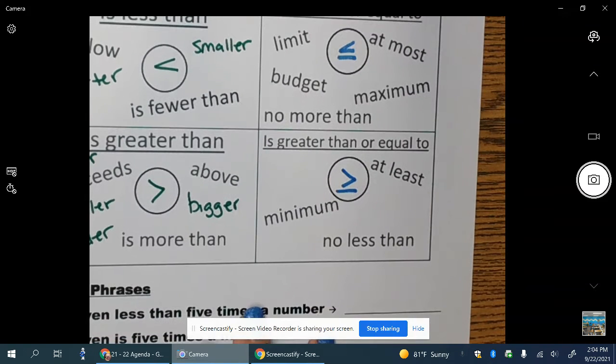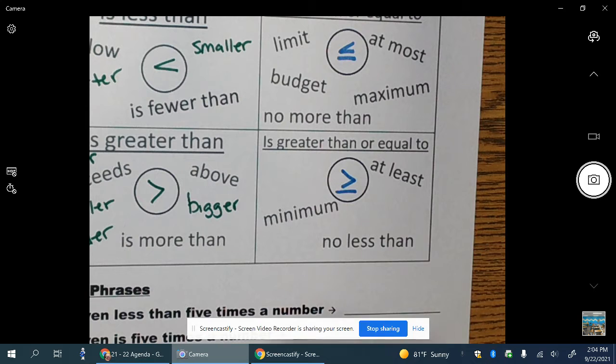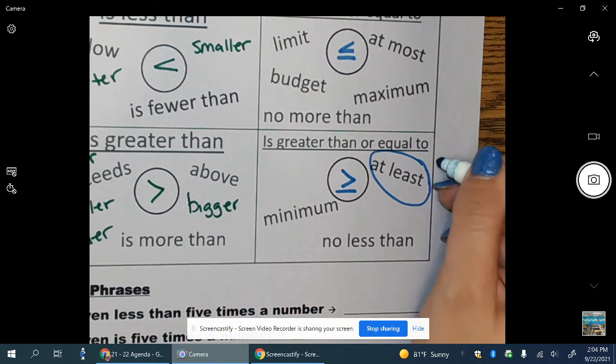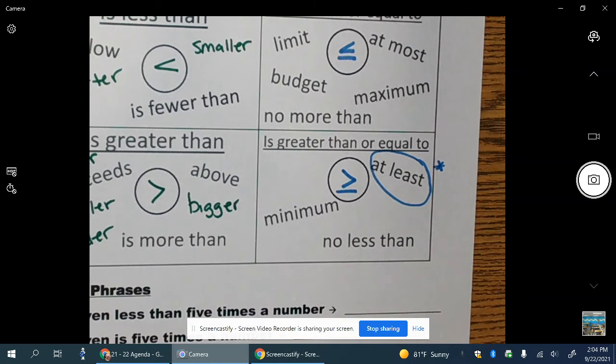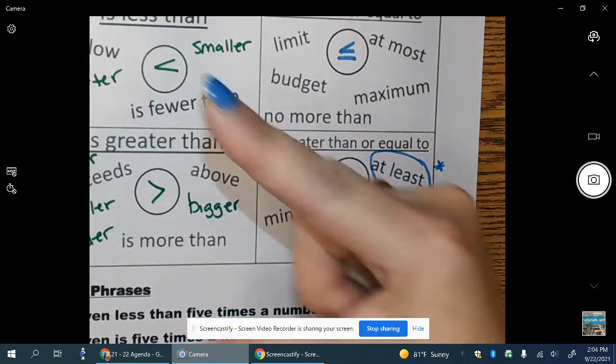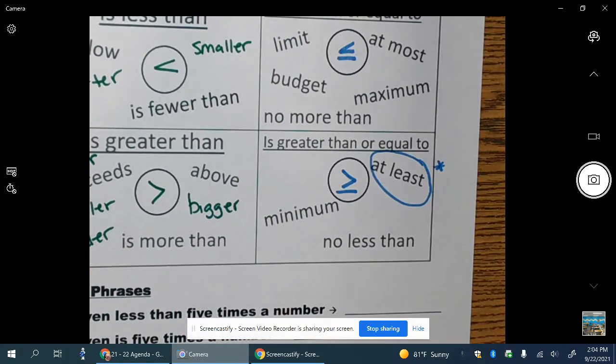And again, this should be review. At least. You will see this at least once on your test and on STAR. I would bet my house on it. Okay. At least. They always use at least, because that's the one that tricks people. They think, oh, well, least is this way. But when it says at, you have to change the direction. Okay.